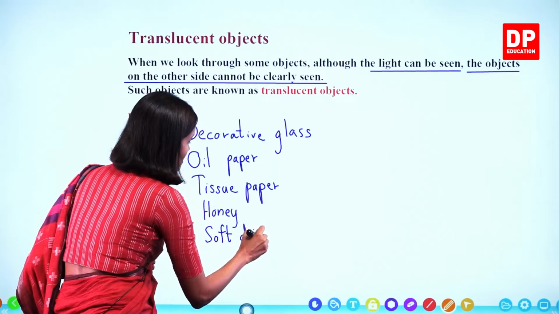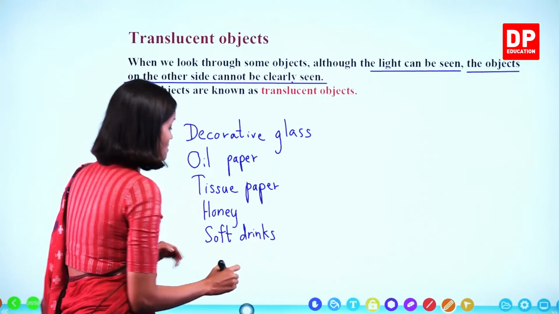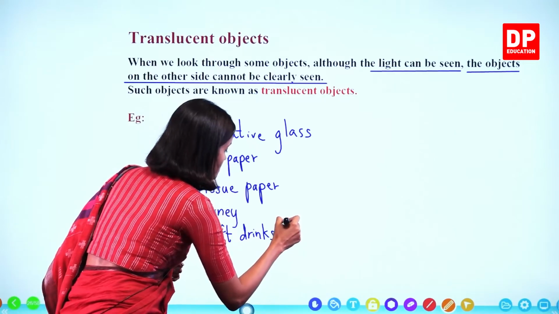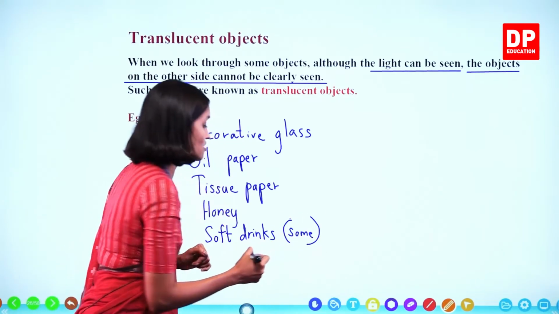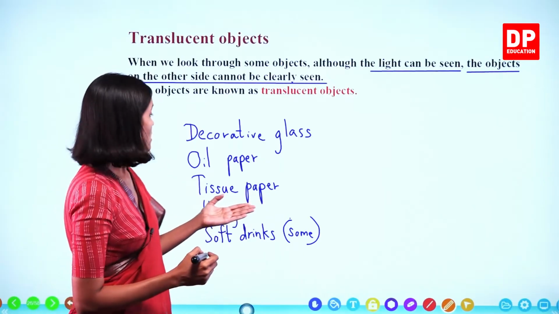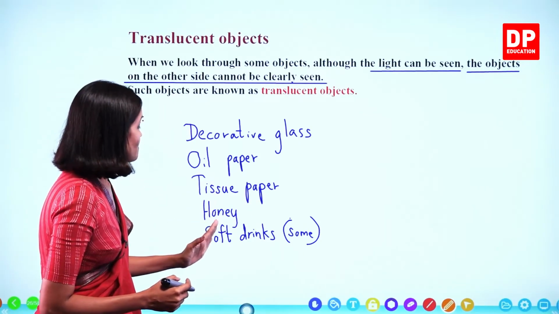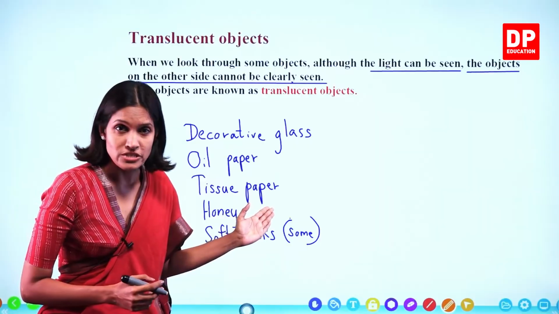So these are coming under some soft drinks. We'll write some, because the colorless soft drinks become transparent, right? So these are coming under translucent materials, right?